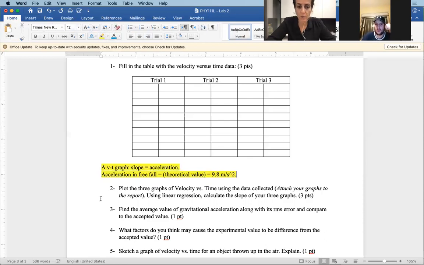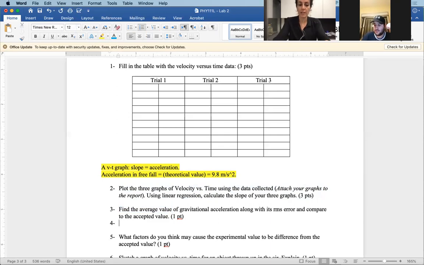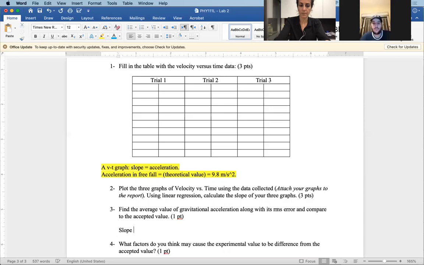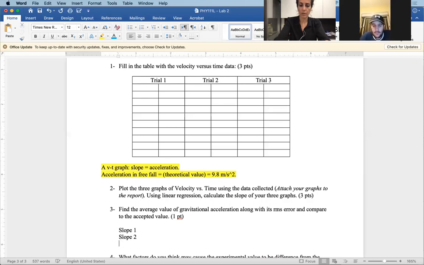So now I want you to plot to find the slope. Fine. Using linear regression, it means the method I showed you on Excel, which is right click, add trend line, add equation. Then they want you to find the average. You're gonna find slope 1, slope 2, and slope 3.